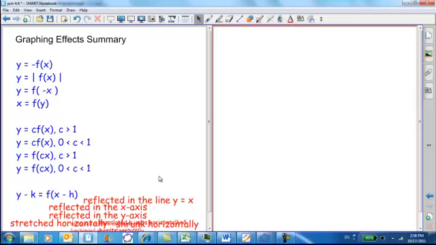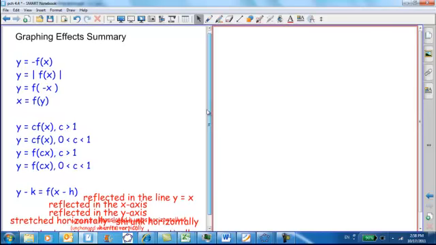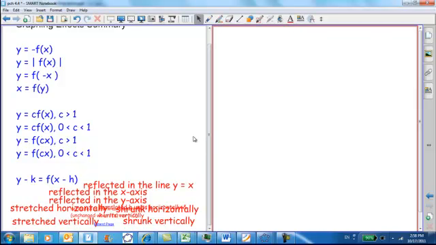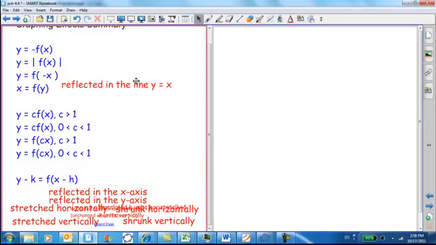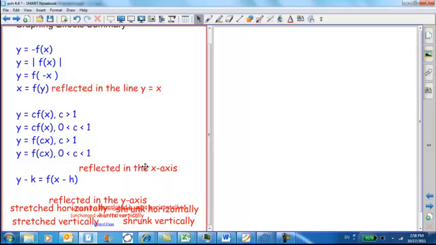So let's get these effects sorted out here. Got them all in a jumble down here somewhere. So what's reflecting in the y-axis? That's when we switch the roles of x and y. There you go, right there. X equals f of y. Reflected in y equals x. Reflected in the x-axis, we actually take, that's flipping this one right here.